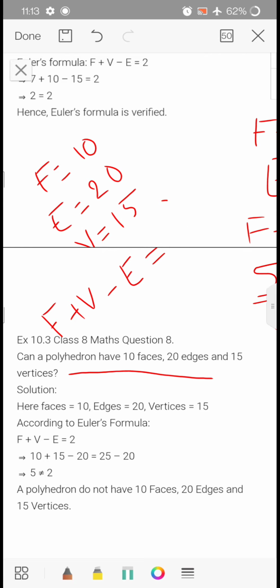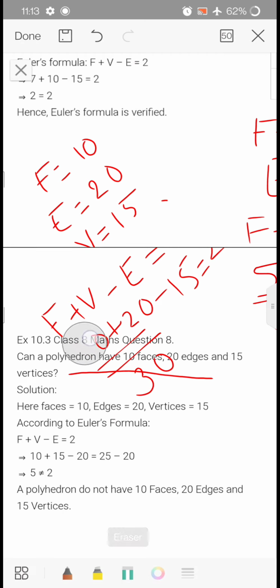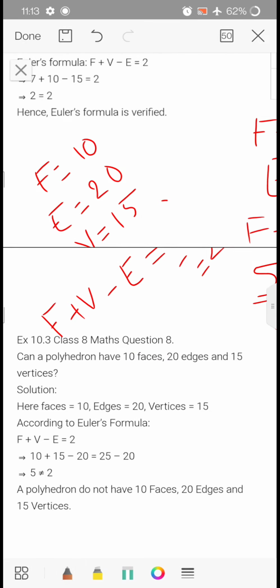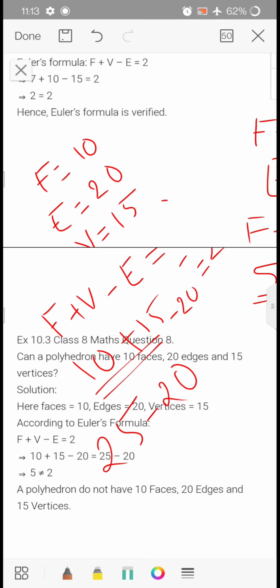If you put it in Euler's formula, then 10 plus 20 minus 15 is equal to 2. So 10 plus 20 is 30. Sorry, by mistake we kept this wrong. f is 10, v is 15 and e is 20. So 10 plus 15 is 25, minus 20. 25 minus 20 is 5, and here our RHS is 2.